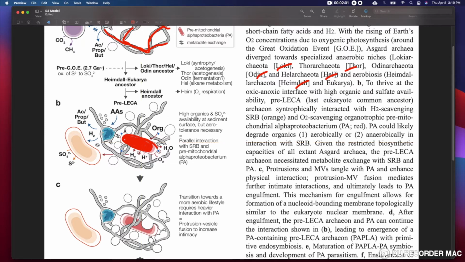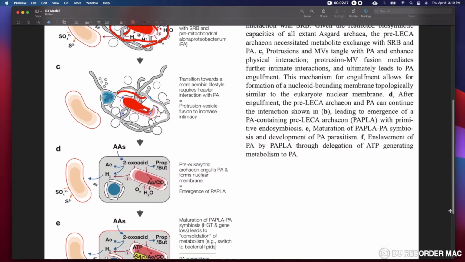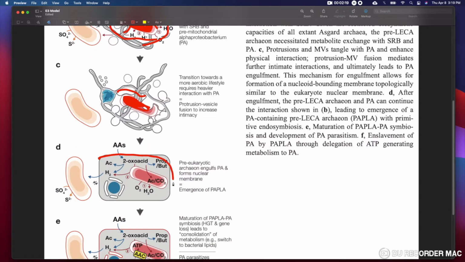Essentially, they will live in close proximity to each other, and that bacterium will be trapped inside this net-shaped protrusion of your Asgard archaea, and eventually they will fuse together, and the bacterium would be trapped inside.